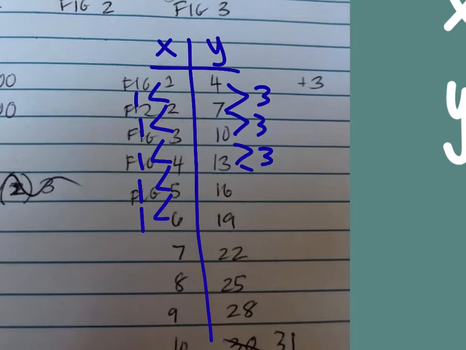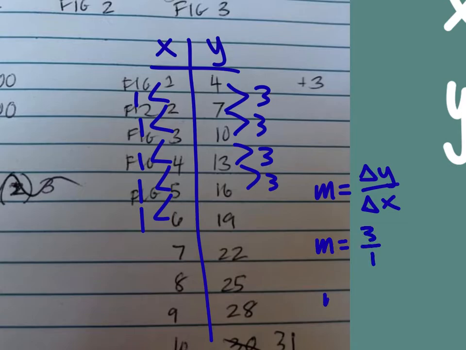That gives you your rate of change, or your slope. Remember that your slope is your change in Y divided by your change in X. What we're doing here is labeling the change, and since it's constant, we have a linear pattern. So m, our slope, is equal to 3 over 1. So m is equal to 3.